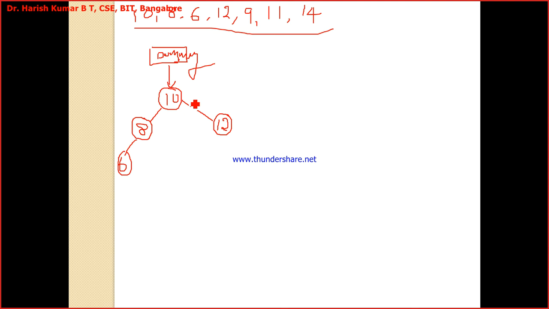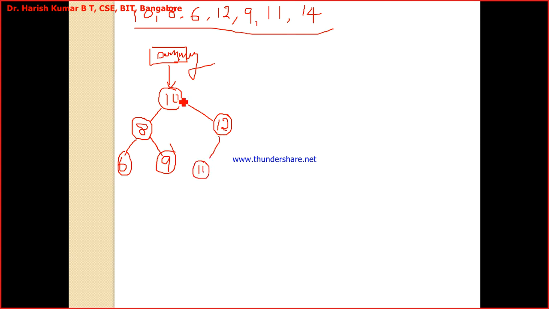Next is 9. Compare that with 10: 9 is less than 10, so it comes here, but 9 is bigger than 8, so it gets inserted to this place. Next is 11. 11 is bigger than 10, we come here, but 11 is lesser than 12, so it gets inserted as the left child of 12.